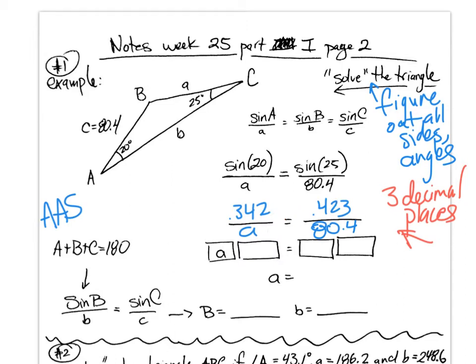So we're going to cross multiply, so if you could fill in the blanks, this would be a times, so if you write 0.423 here, and then 0.342 here, and 80.4 here, we would then multiply and divide and end up with a equals 65.0. So you could write that here, 65.0.